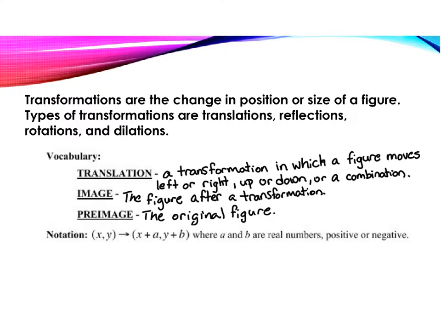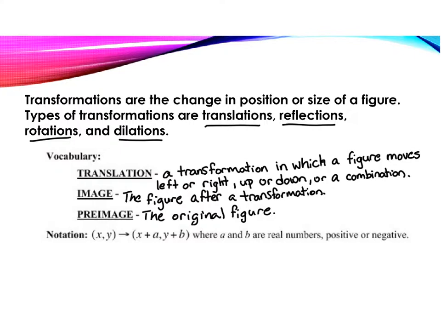Transformations are the change in position or size of a figure. Types of transformations are translations, reflections, rotations, and dilations. And we're going to be looking at each one of these things right here as we go throughout these lessons.